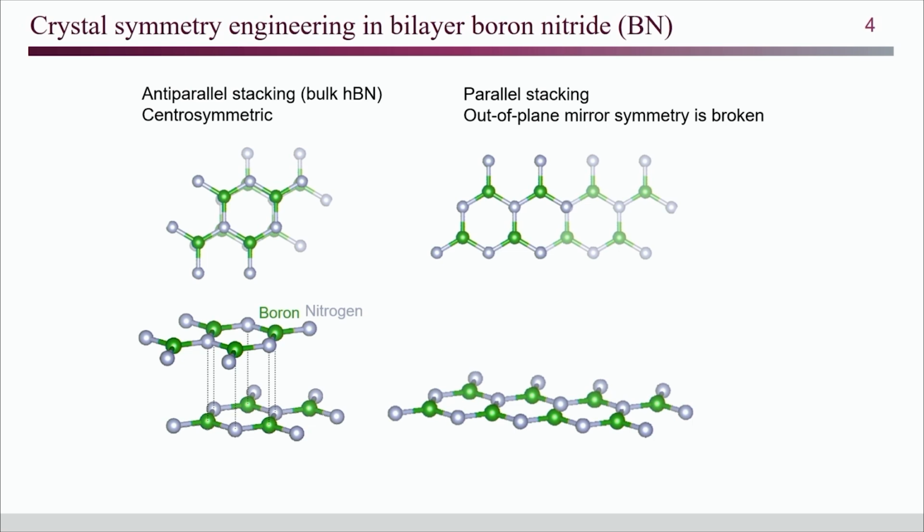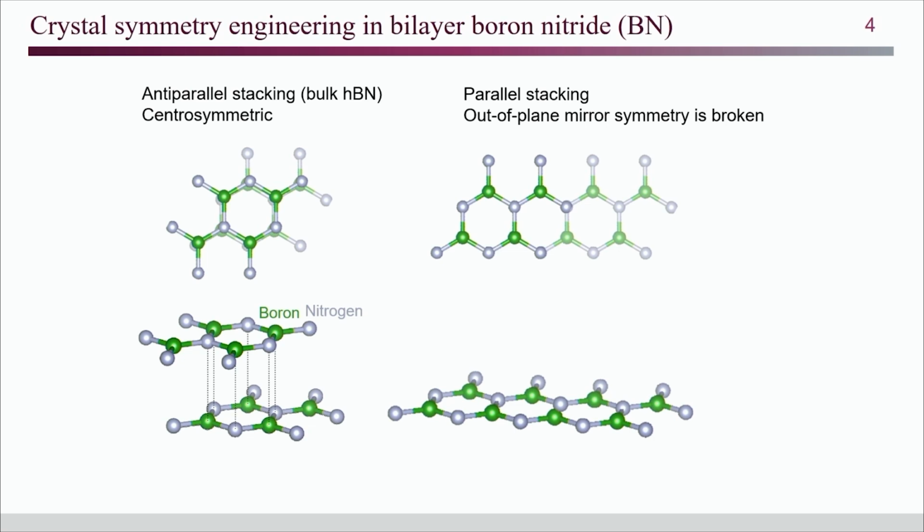Naturally grown boron nitride in the bulk form takes the hexagonal stacking order. We call it hBN. In particular, if we just consider two adjacent layers, they take an anti-parallel stacking manner. Basically, the top and bottom layers are rotated by 180 degrees. Here you see that the nitrogen sits on top of the boron, while the boron sits on top of the nitrogen.